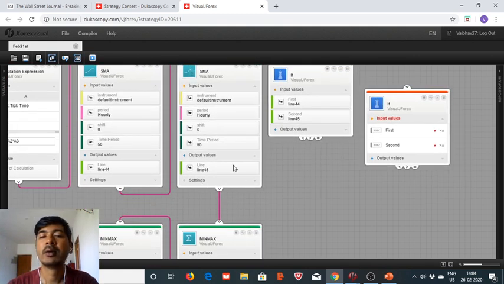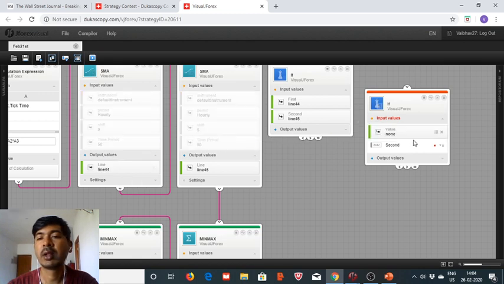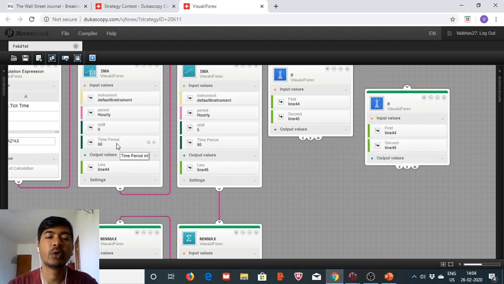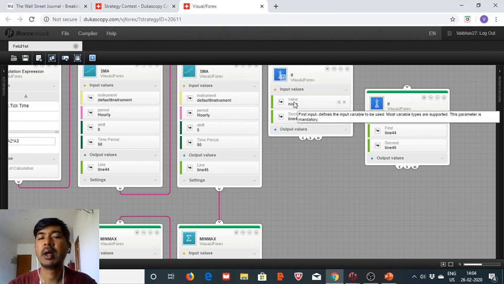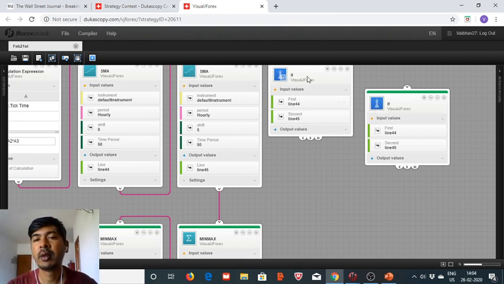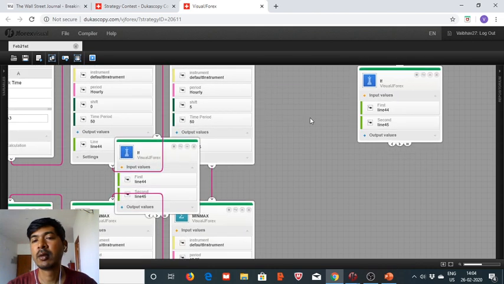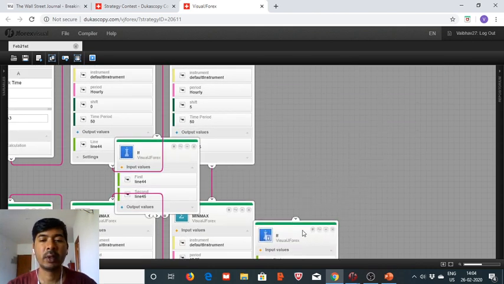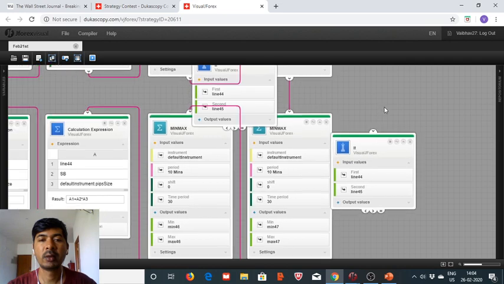And similarly for the sell side also, the values will be compared. For the sell side, the current SMA should be less than the SMA 5 hours back, and for the buy side, the current SMA should be greater than the prior SMA.